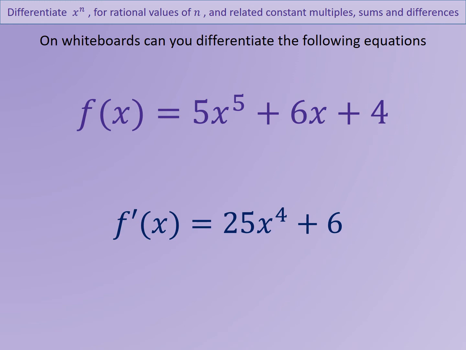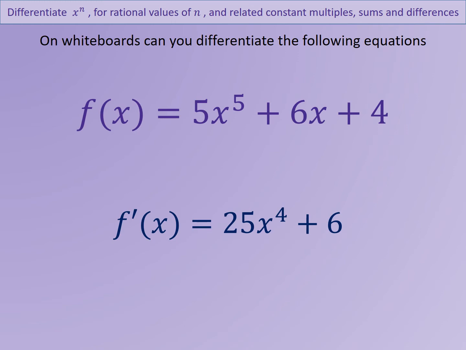So first of all, because I gave you f of x, then the gradient function is f dashed x. 5x to the 5 differentiates to 25x to the 4. That's just following the same skills, the same rules as I've just shown you. But what about the 6x? Well, 6x on its own differentiates to 6. Now let's think about why that is. Well, 6x to the power of 1 is how 6x can be written in a different way, just with the power of 1.